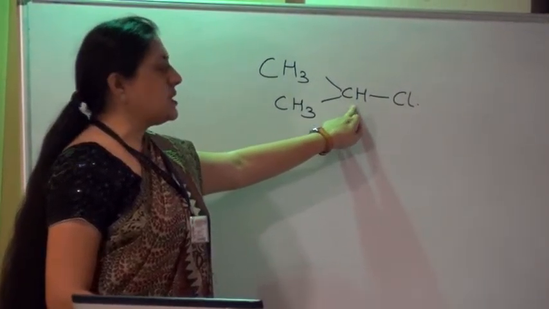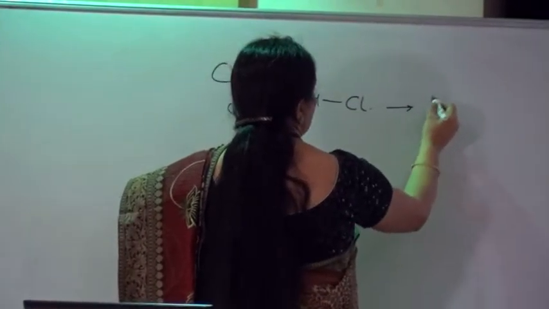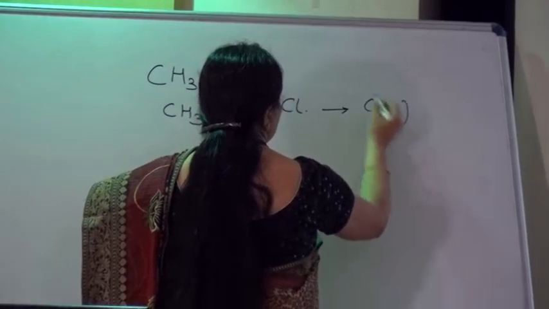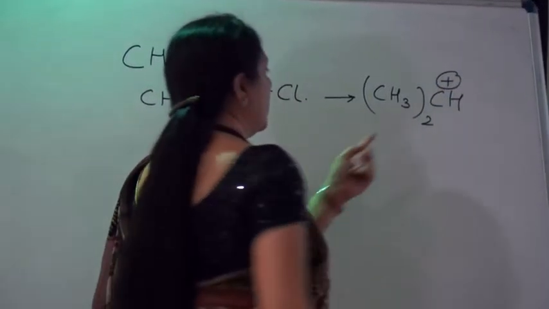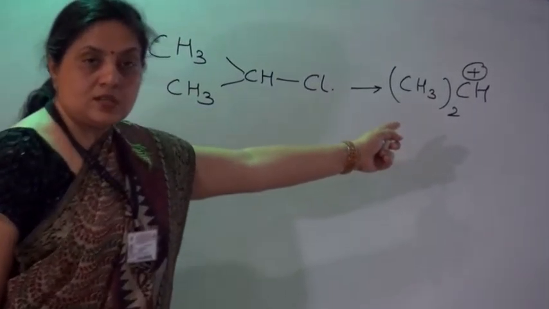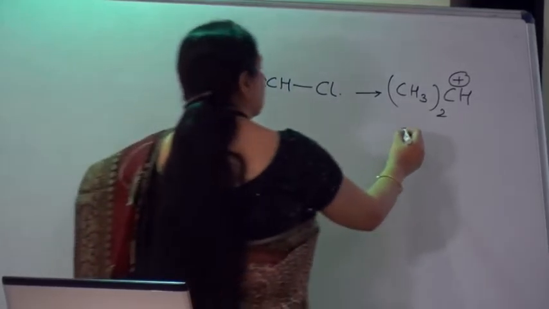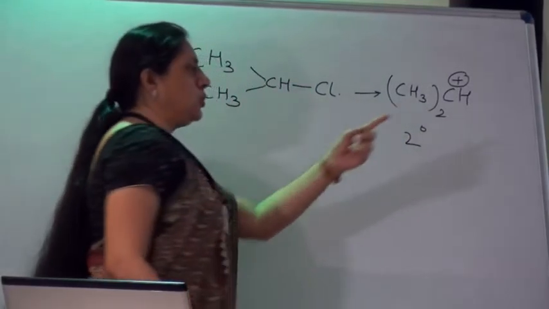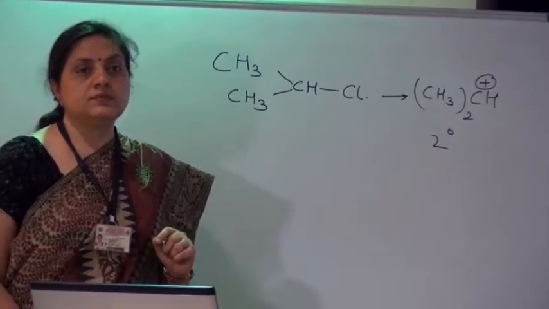So the carbonium ion which will be formed from this, what kind will it be? Primary, secondary, tertiary? Secondary. So from here you are getting a 2 degree carbocation. Now do you know the structure of tertiary butyl?